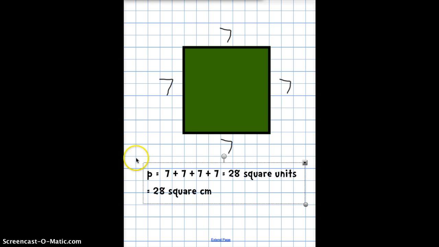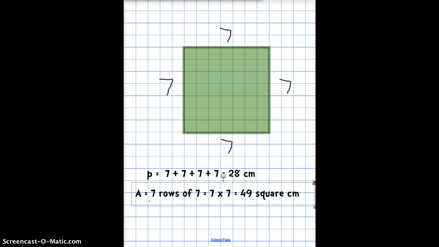What often students will do is they'll multiply, which obviously is not correct, unless, of course, they're multiplying 2 sides. So they might, in this case, instead of adding 7 4 times, they would just multiply 7 4 times, which is a more efficient way, and some students are able to make that change. Some students still want to do the addition, and that's fine at this point as well.